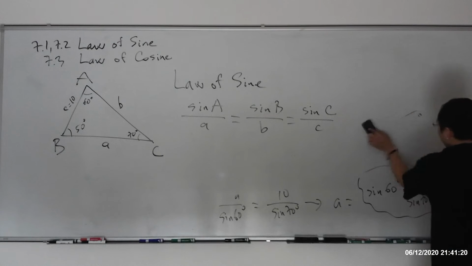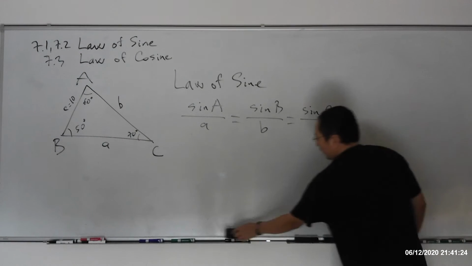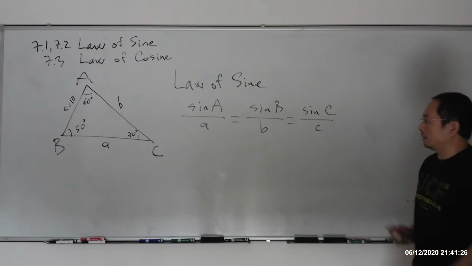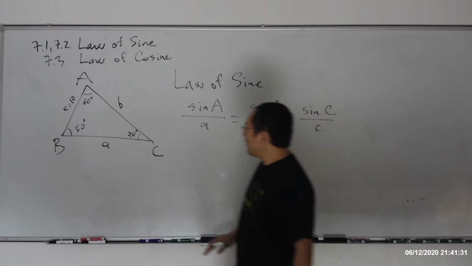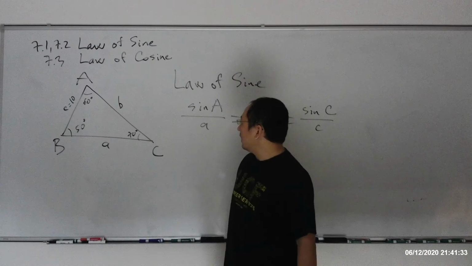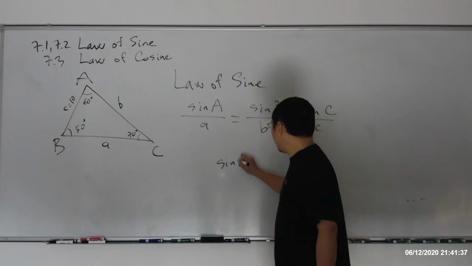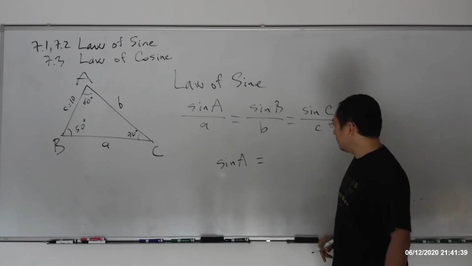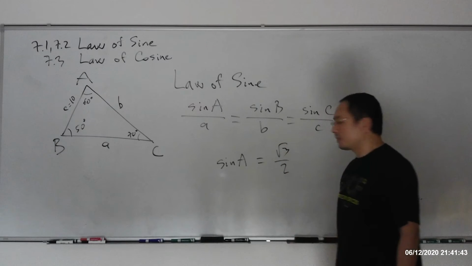There is one thing that I need to emphasize when you get into the law of sine. In the case that you solve for an angle, okay? If I give you two sides and an angle, you may have something like you solve for sine A equal to root 3 over 2.